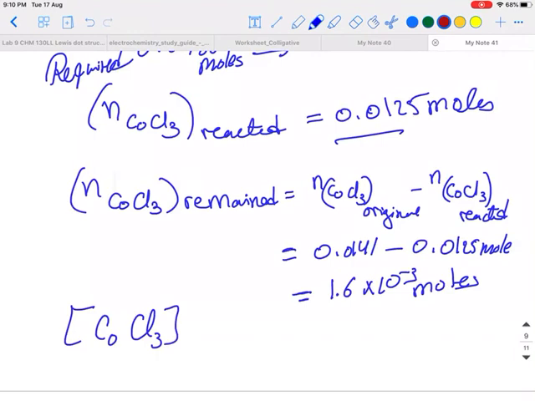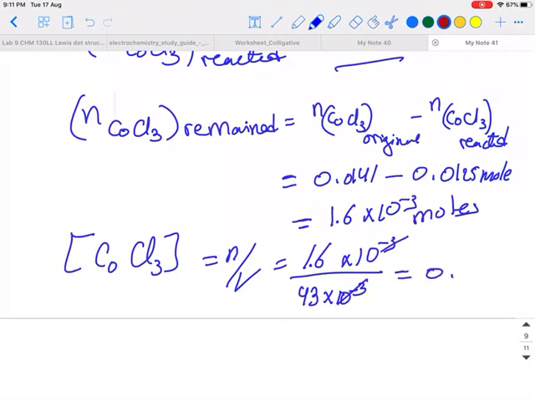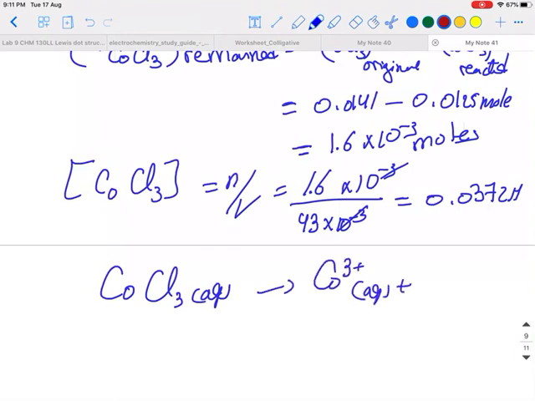I found the number of moles, so let me find the concentration, because he's asking about the concentration of ions, which is n over V: 1.6 times 10 negative 3 over the total volume multiplied by 10 negative 3 in order to change into liter, and it's 0.0372 molar. Since cobalt chloride is aqueous, it splits into ions, which are cobalt 3 plus and 3 Cl minus.